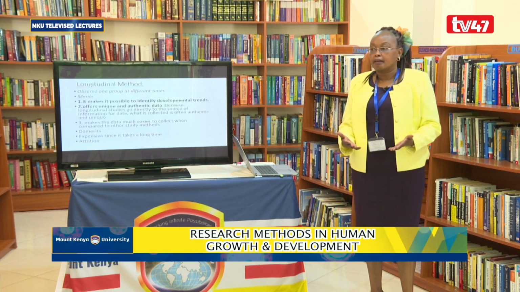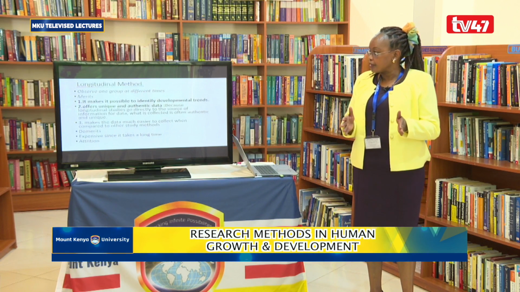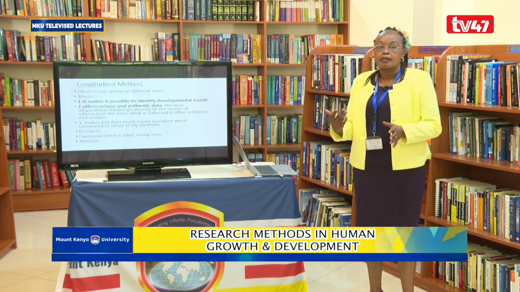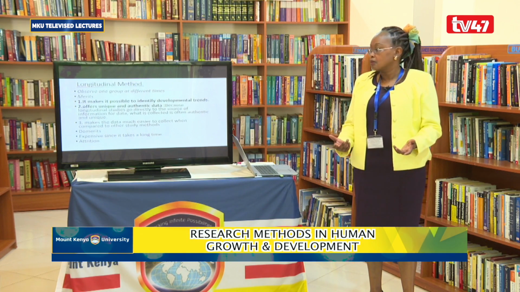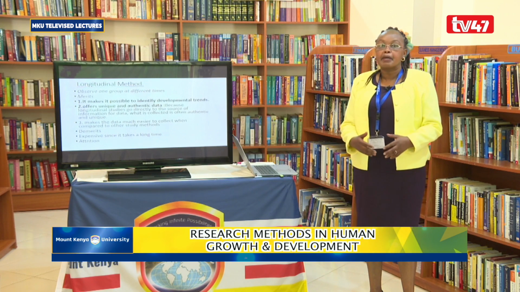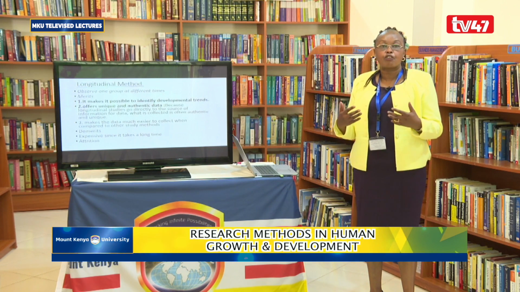Secondly, we talk of attrition. Attrition here simply means that some of the people that you are studying, that you start with in the original plan of your longitudinal study, may drop out of the study. They may change in terms of the area of residence.